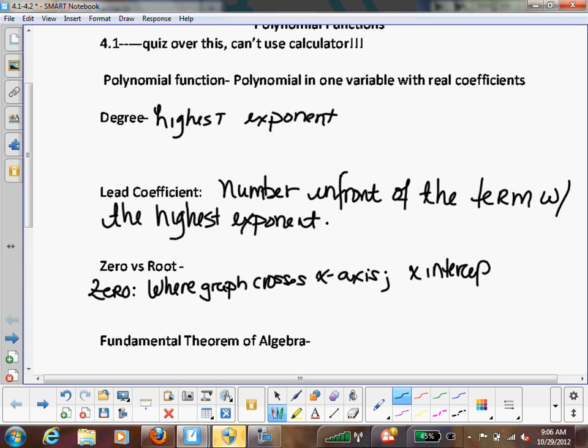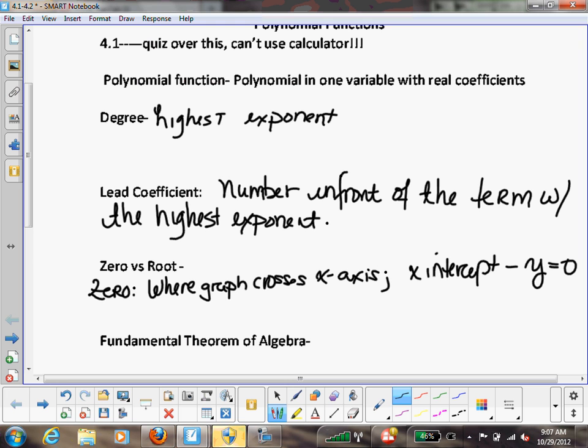If it's the x-intercept, then what equals 0? Yes, y has a value of 0. So when I ask you for the zeros, I'm asking where the graph crosses the x-axis, at what value of x.